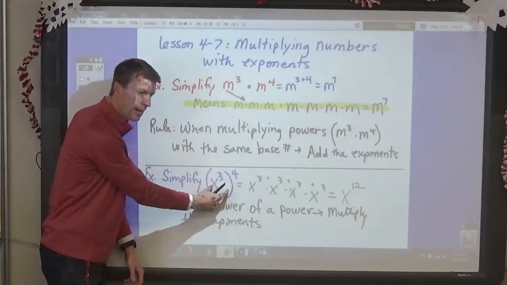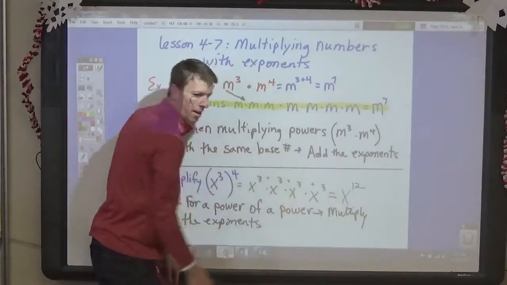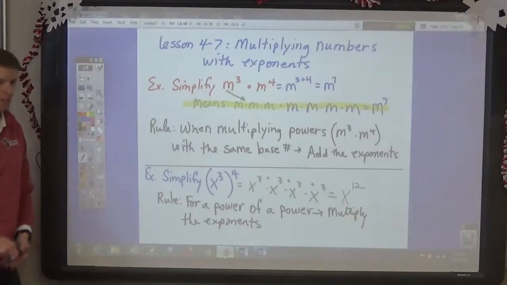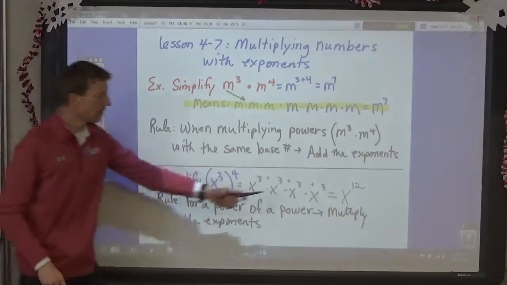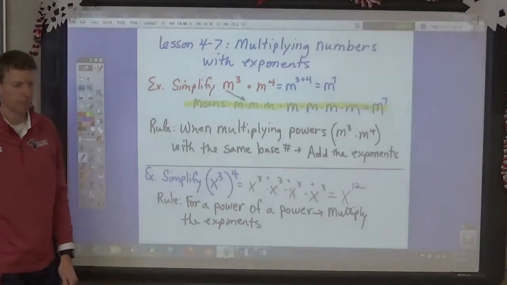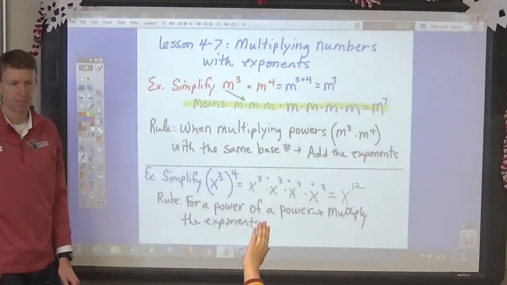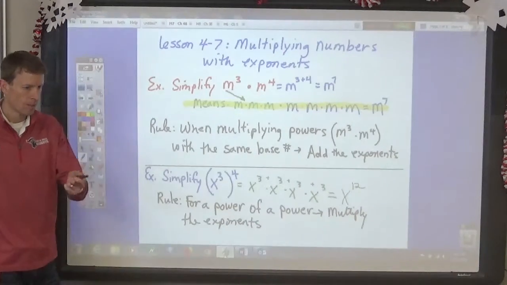This base is being multiplied by itself 4 times, but it's not simplified. X to the 12th is simplified. That's as simple as we can write it. X to the 12th. Okay?